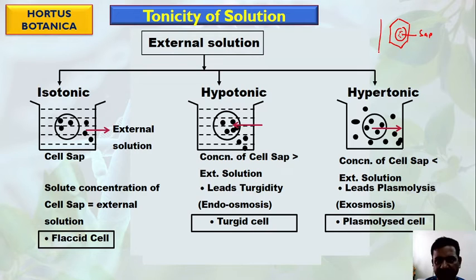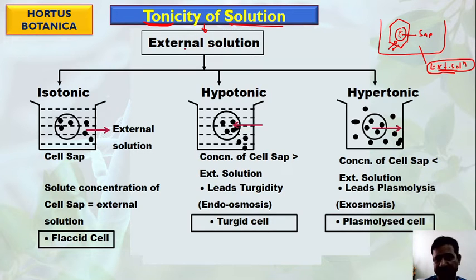And outside, we put the external solution. On the basis of this external solution, it is decided what will happen: either the plant will take water inside, or the plant will allow water outside. This will depend upon the concentration of the external solution. Concentration means tonicity. So the tonicity of the external solution.